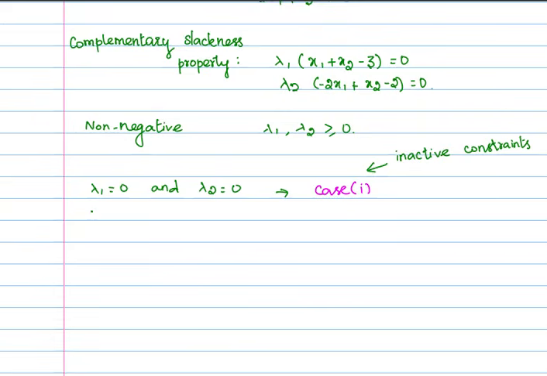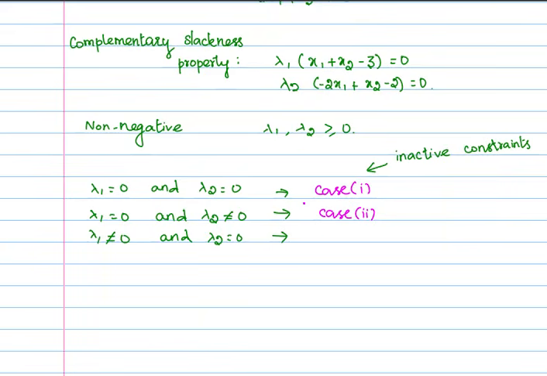Second case, lambda 1 equal to 0 and lambda 2 is not equal to 0. This we can say is case 2. Third is lambda 1 is not equal to 0 and lambda 2 equal to 0.